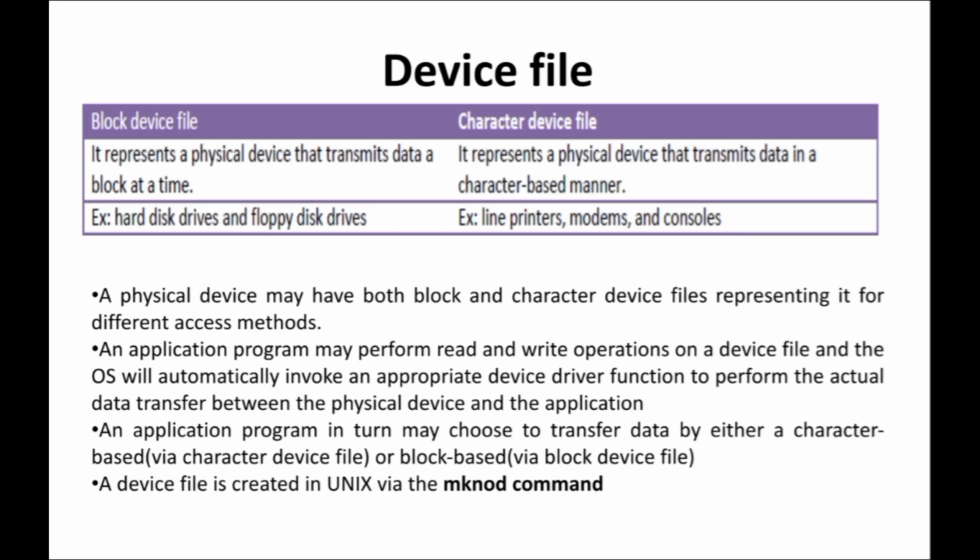So for example, when you want to type something through the keyboard, that keyboard will be identified by a device driver file that is meant for the keyboard. This device driver file is used by your application, and you are going to interact with the application using the keyboard. Hope you are understanding. For the mouse also, one device driver will be there.